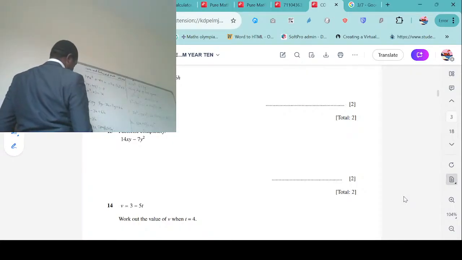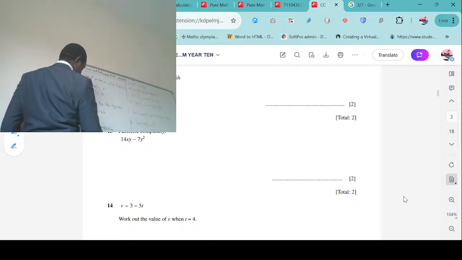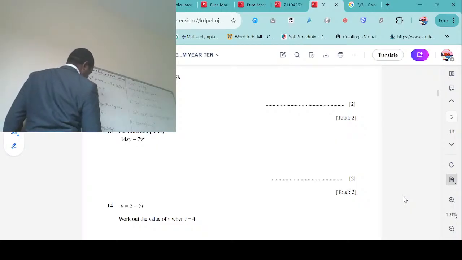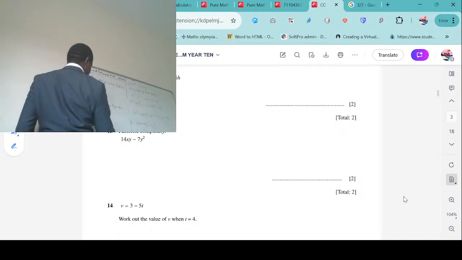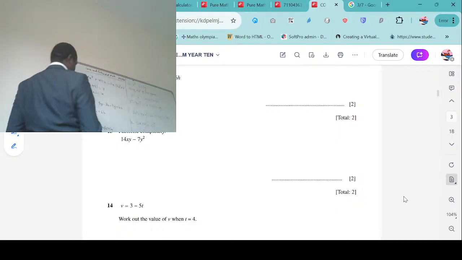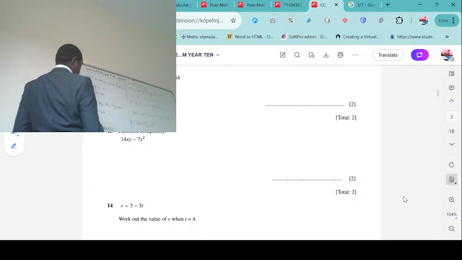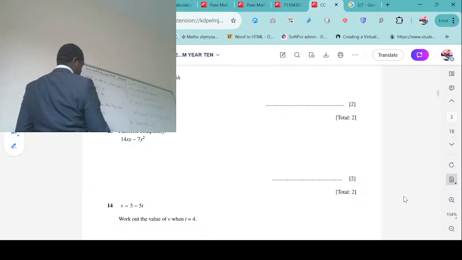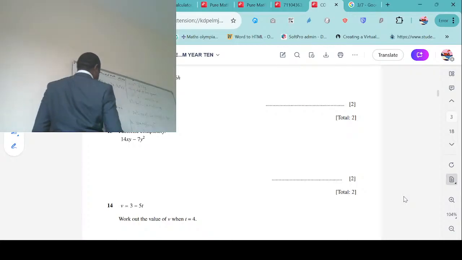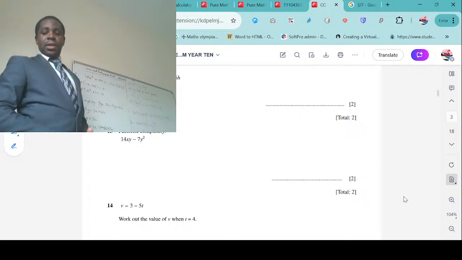The highest common factor of xy and y squared is y. So that is 7y. 14 divided by 7 is 2, xy divided by y is x, so 2x, minus 7 divided by 7 is 1, y squared divided by y is y. So can we simplify further? No, we can't. So that is it for that.